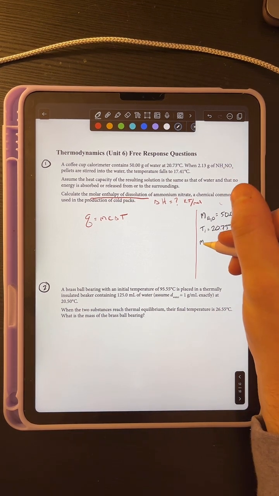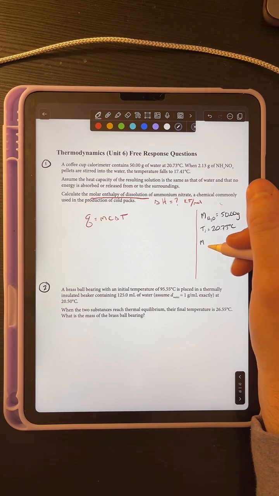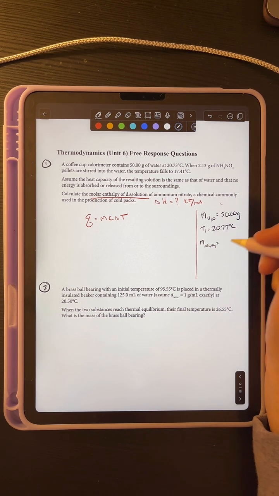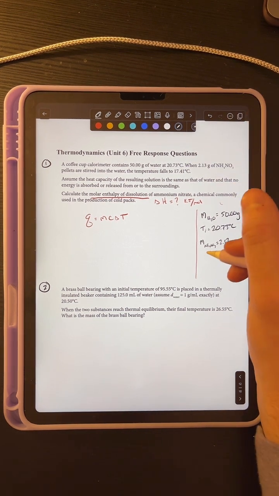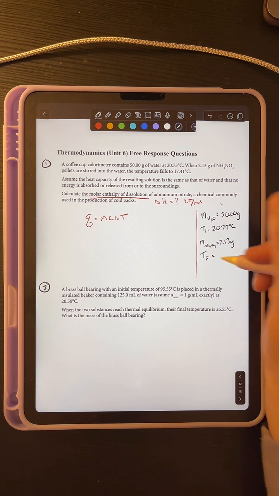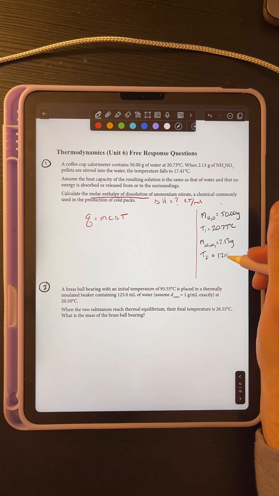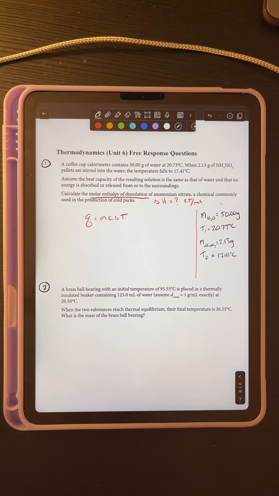We have a mass of NH4NO3 equals 2.13 grams. What else are we given? We have a final temperature, which is equal to 17.41 degrees Celsius. And that's sort of all the data that we're given.